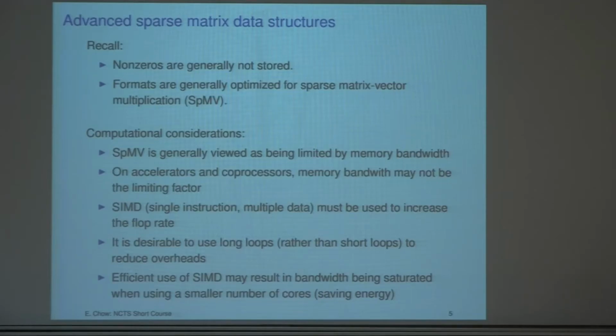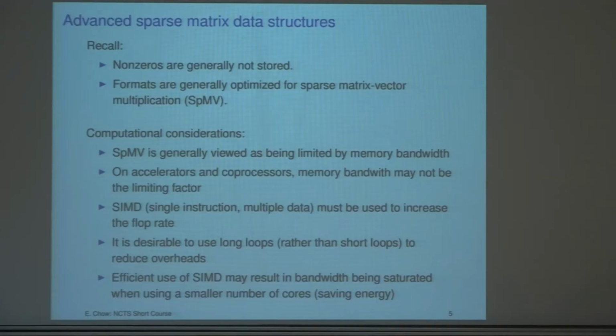However, accessing memory is slow anyways. And sometimes it's slow enough that people generally view this computation as being limited by memory bandwidth. In other words, being limited by how fast you can access memory. Okay, so it doesn't even matter how fast your computer can perform floating point computations. It really just matters how fast you can access memory.